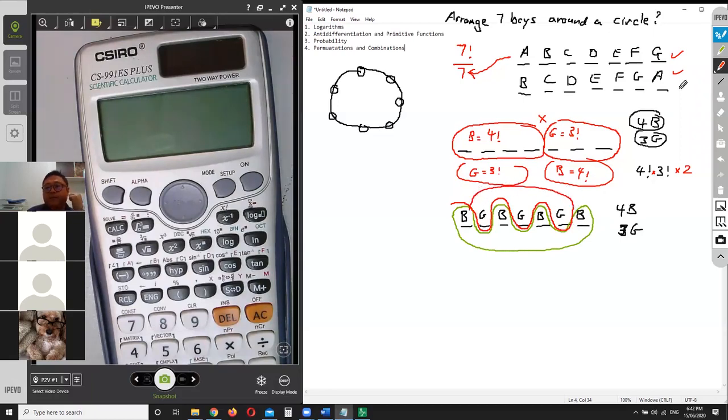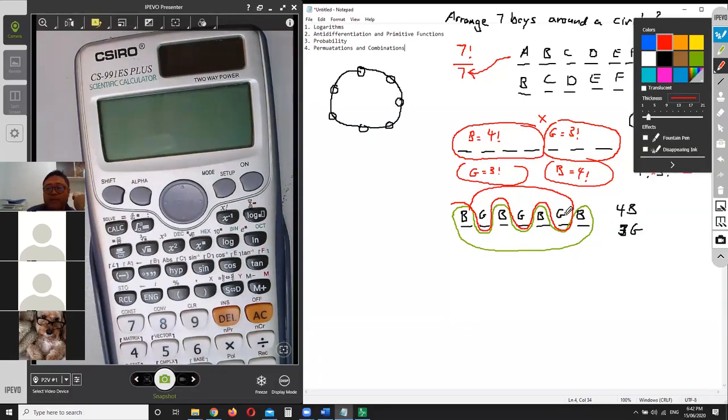Now, how many ways can we arrange these 3 girls in those 3 positions? 3 factorial. How many ways can we arrange these boys? 4 factorial. So what's the answer? 4 factorial times 3 factorial. Got it? Is that the final answer?